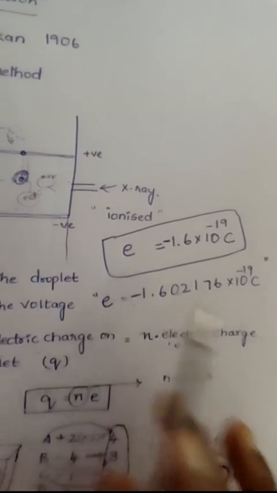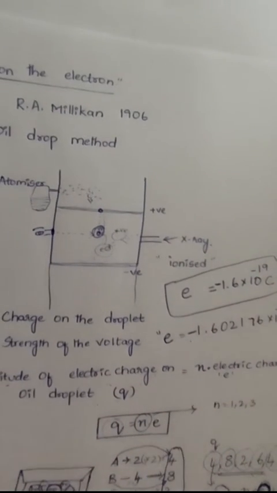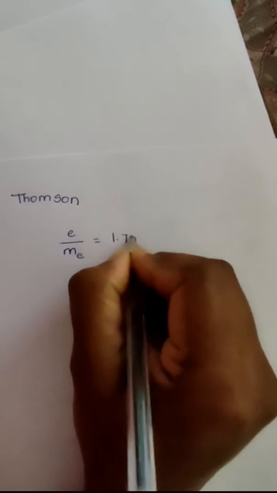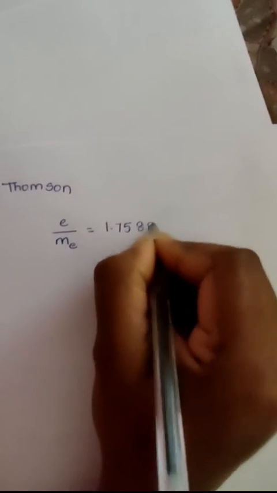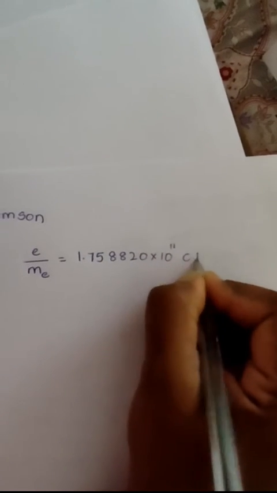Millikan discovered the charge of the electron. Earlier, Thomson discovered the ratio of charge and mass of the electron. Thomson's charge by mass of the electron is 1.758820 into 10 power 11 coulombs per kg.